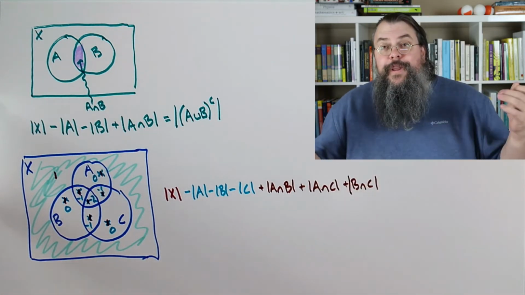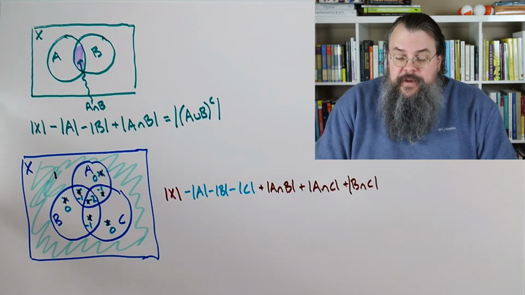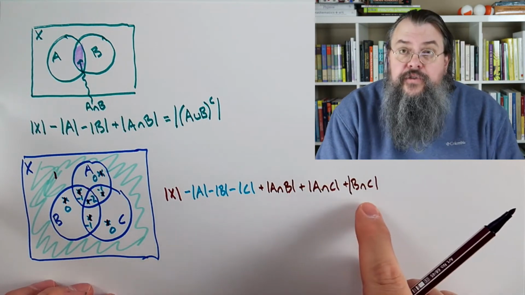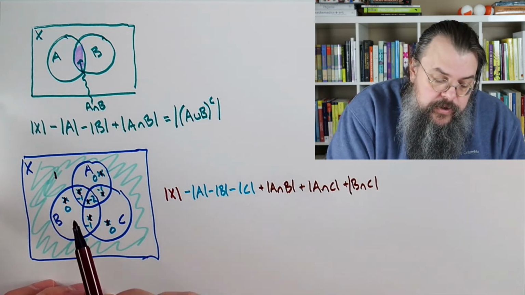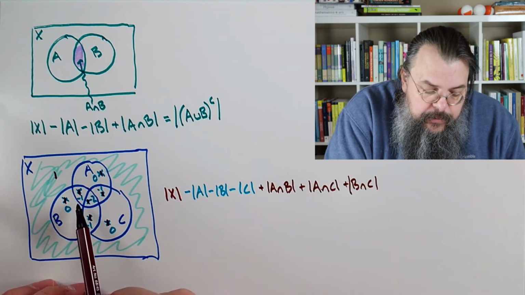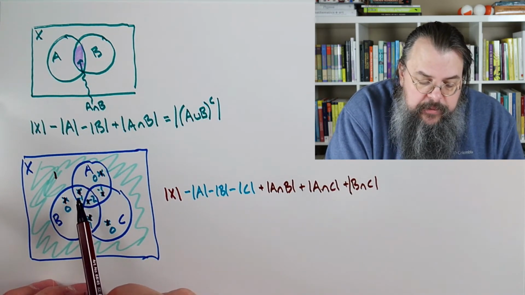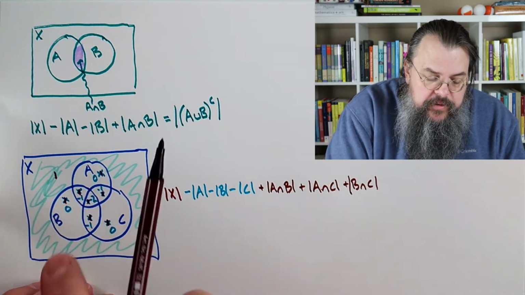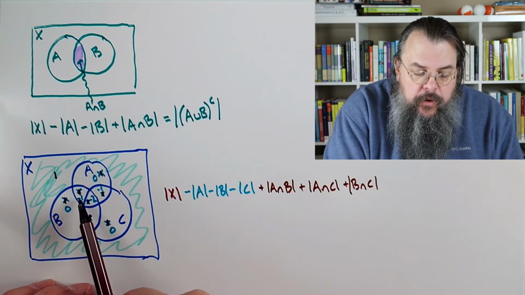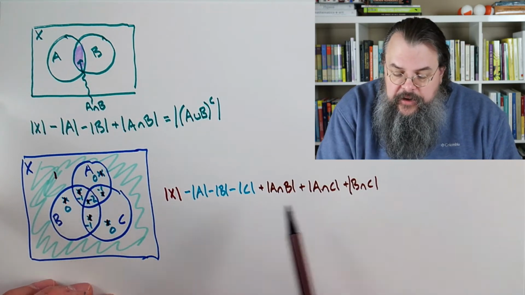So, let's update our counts. The only things that are going to be affected are the things which are in at least 2. So, just these little pieces in the middle. So let's suppose we start here. Something that's in both A and B, but not this middle part, so not in C. So what happens? How often does it get counted here?